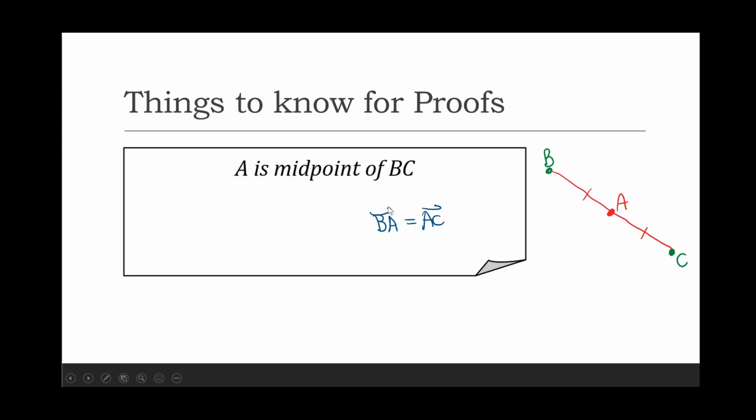So obviously BA would equal AC, so make sure you follow the order B to A, meaning it's pointing down and to the right, just like AC down and to the right. But what can you say about the whole thing? You cannot say both of these are also equal to BC, because BC is much longer, twice as long. So what you could say is that 1/2 BC is equal to the other two.